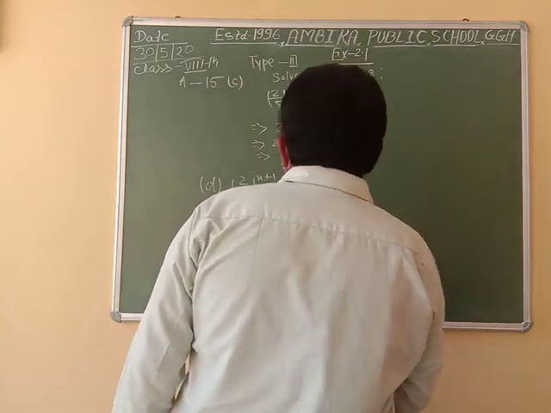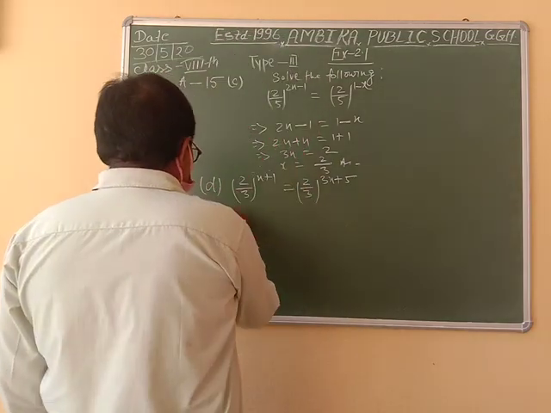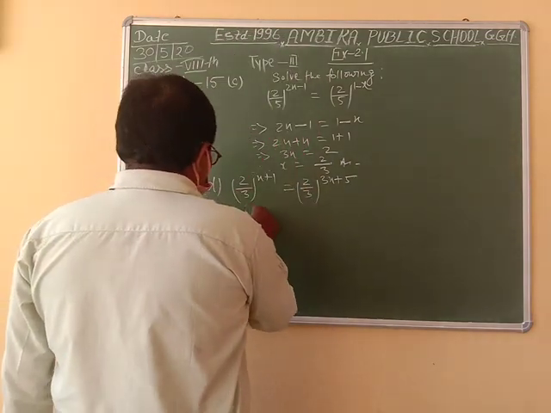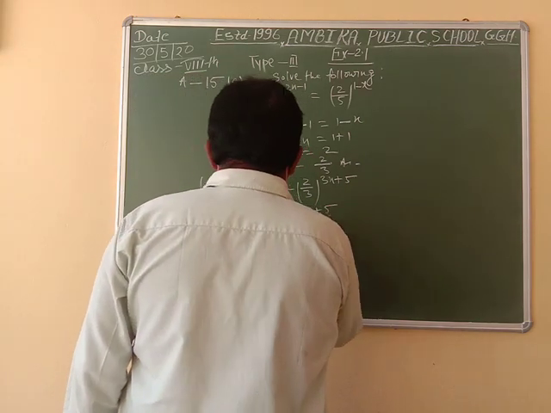Same condition, bases are same, so we can write x plus 1 is equal to 3x plus 5.